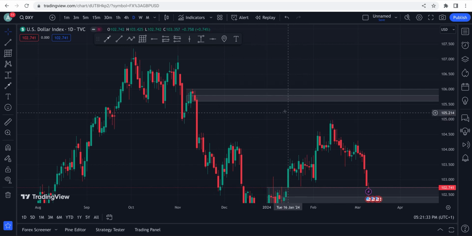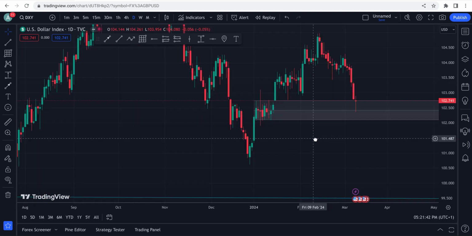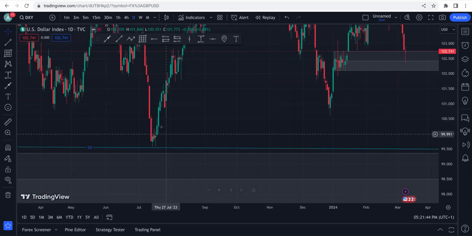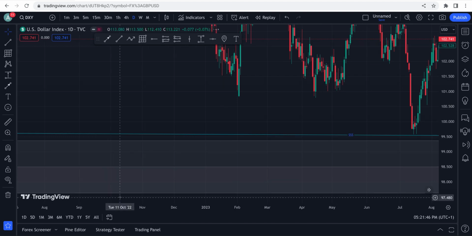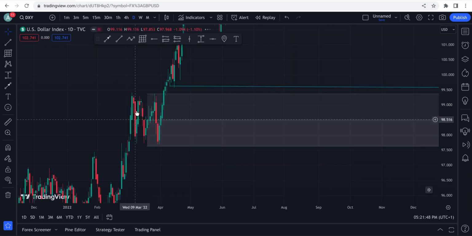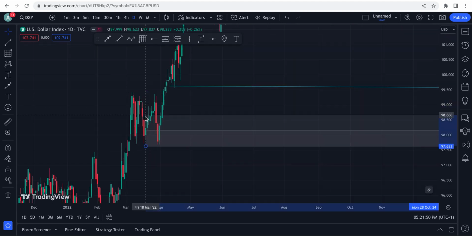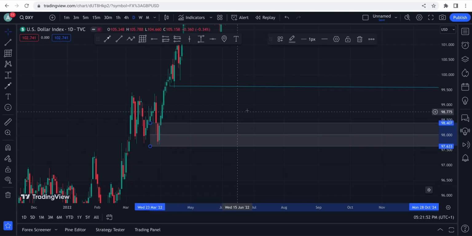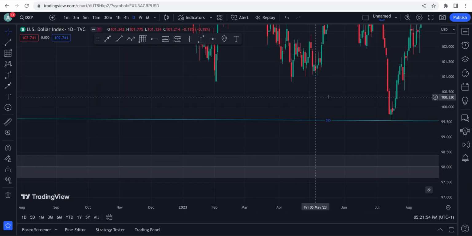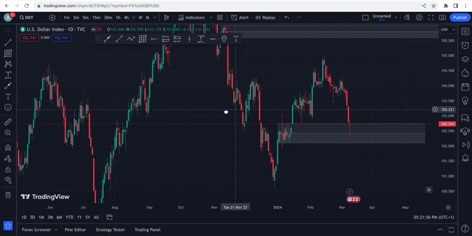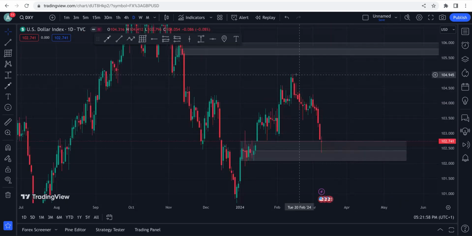We still have some open space in which I'm expecting price to fill. Let's refine this one also. Let's adjust it. Alright, guys, as you can see, price reacted from this zone.